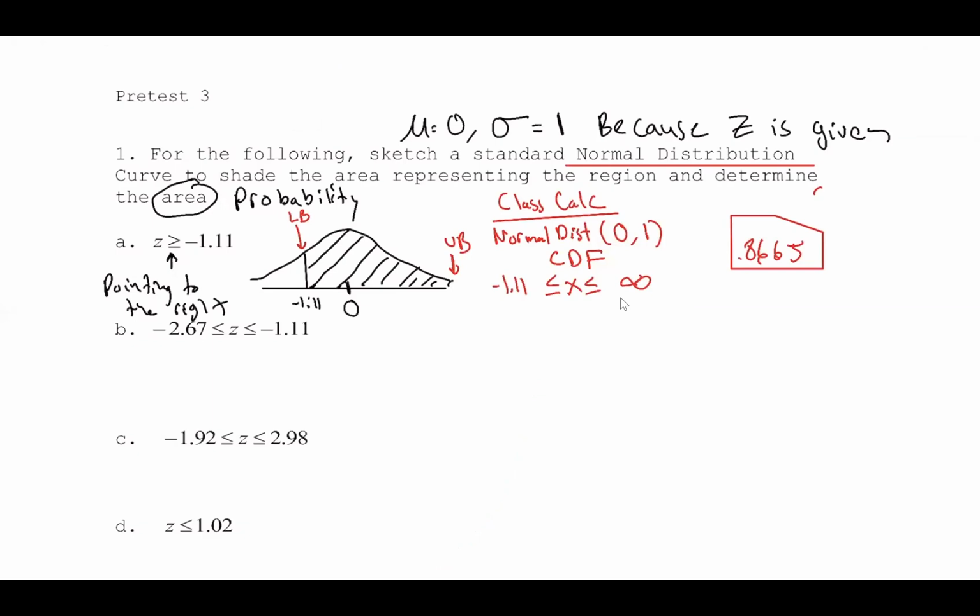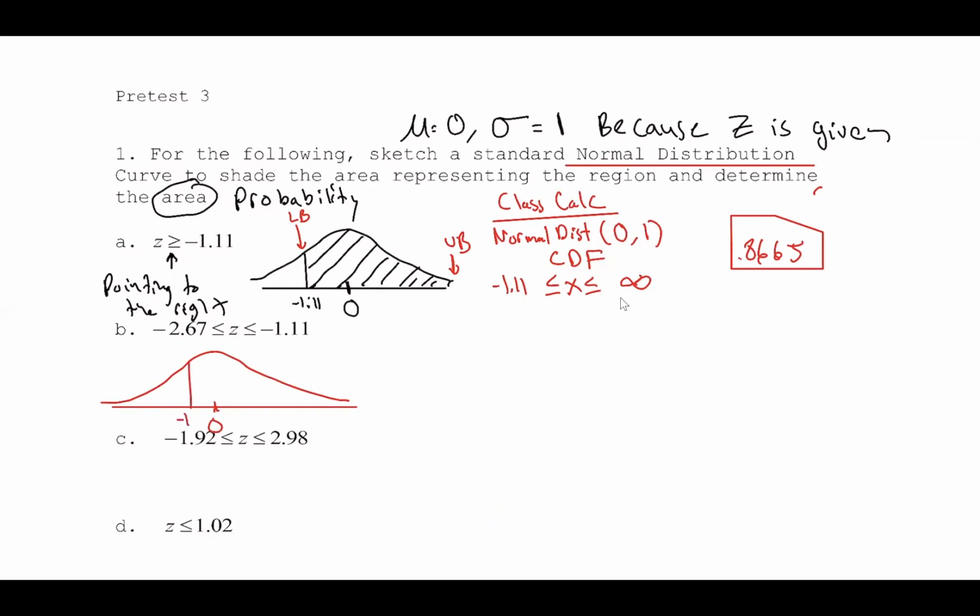If you look at part B, it says now Z is in between negative 2.67 and negative 1.11. So if we go ahead and draw this, remember 0 is in the middle.